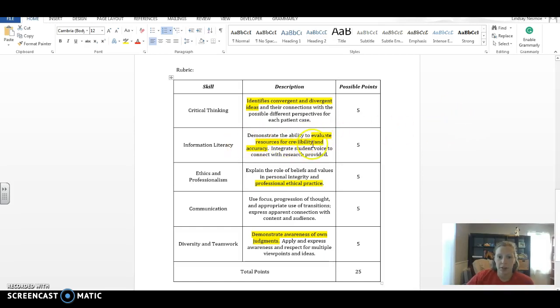For information literacy, you need to evaluate resources for credibility and accuracy. What I'm really looking for there is, did you find a source that backs up what you're saying, and is it valid? For instance, I had a student once who, in the teen pregnancy example, said that 95% of doctors were anti-abortion. And while that was cited, when I looked into that source, it was a little bit biased, and here's why.